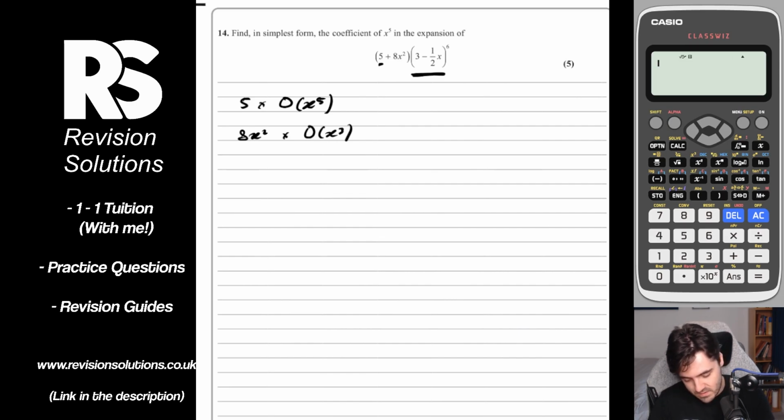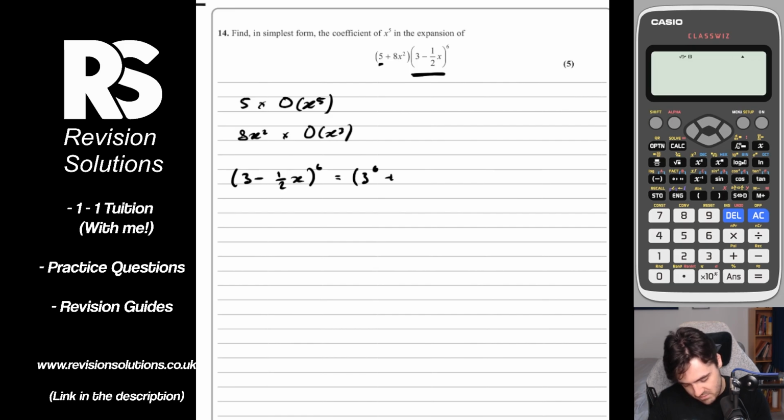So let's start writing that out. 3 minus a half x to the 6. With the 6 on the outside, the first term's easy, so I'll write that in anyway. 3 to the 6, and then we'll start forgetting about terms until we get to the ones we want.